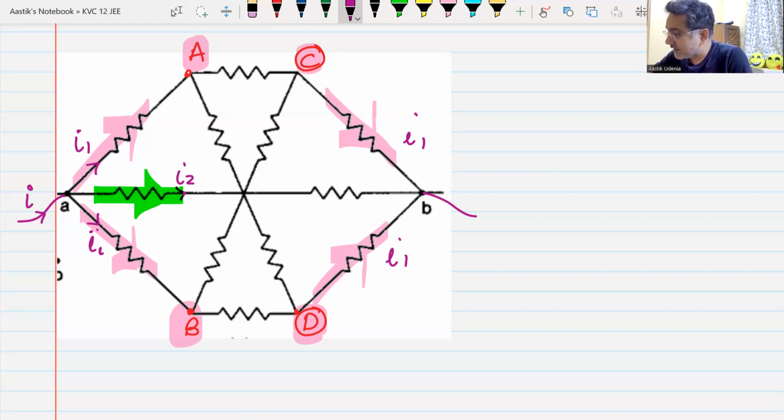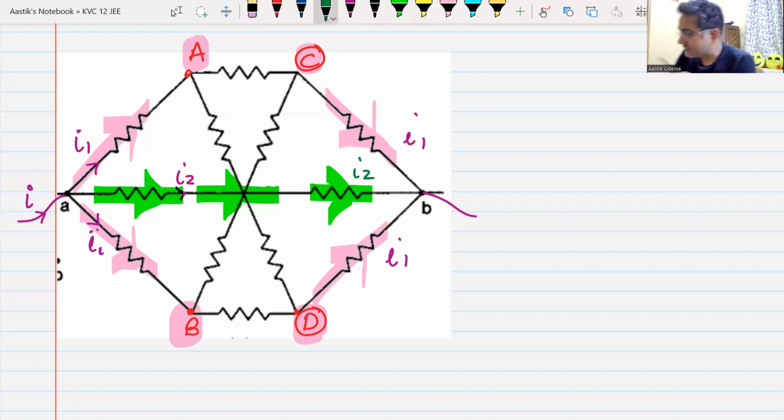Now, if I1 is going in the upper branch and I1 is coming back from the upper branch, that means this current I2, which was coming in the middle branch, just goes straight like this. Yes or no? Then only things will happen correctly. I1 has gone in the upper branch and is coming back from the upper branch. The same I1 has gone in the lower branch and is coming back from the lower branch.